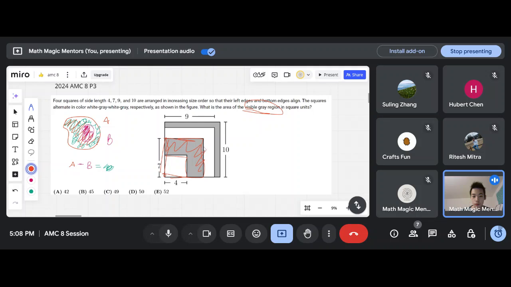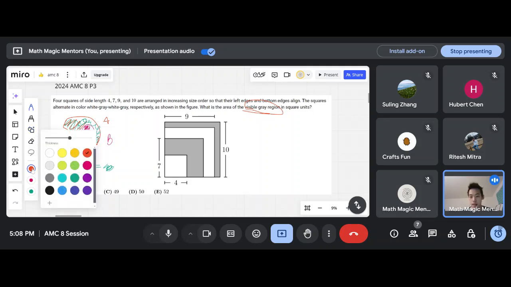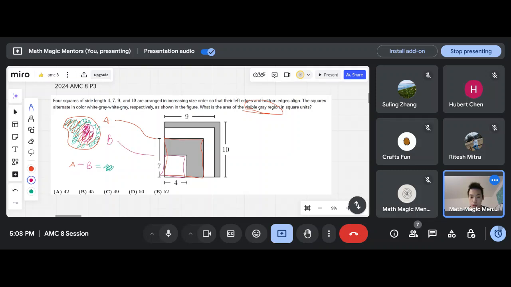To denote that with colors to make it even more clear, I'm going to outline the whole area in red, minus the whole area in pink. Basically, it represents our areas A and B. If we subtract B from A, then we get the green area right over here.